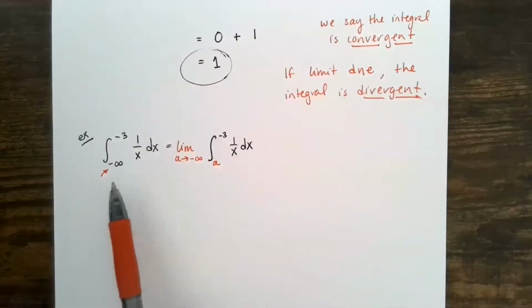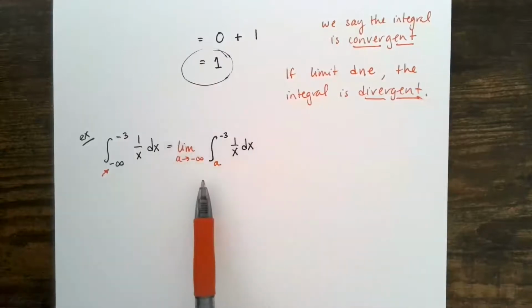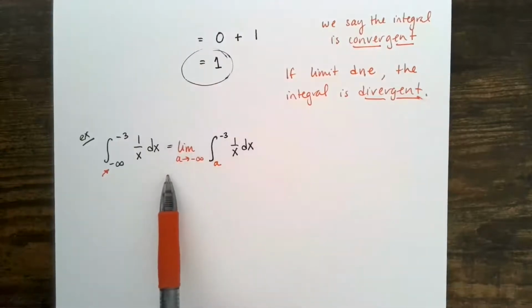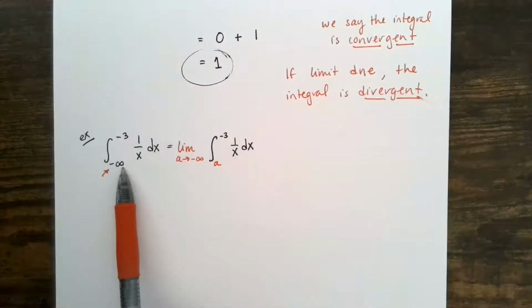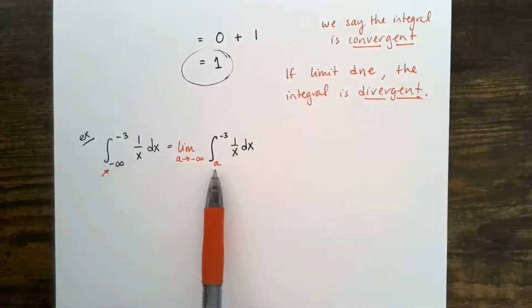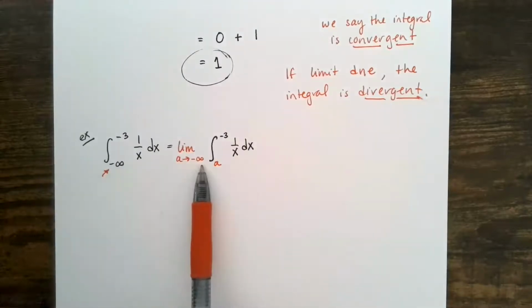So you can see the switch here. I like to do it in a separate color because it comes out extra pretty. I've just replaced my minus infinity with a and then limited a to minus infinity.